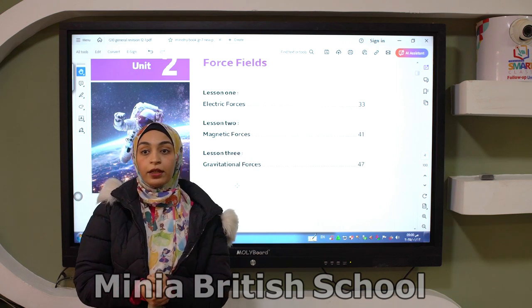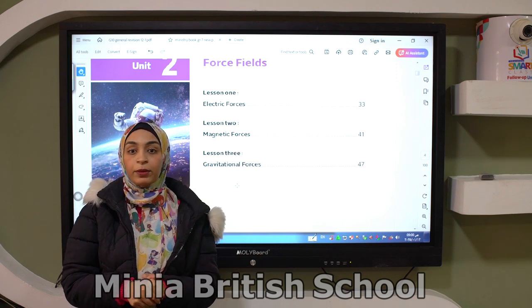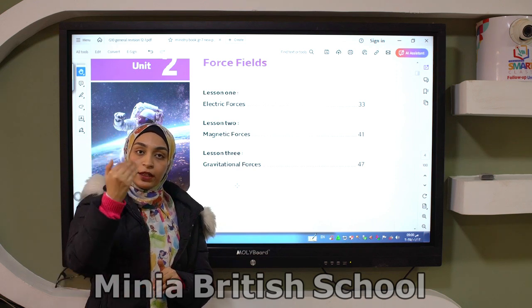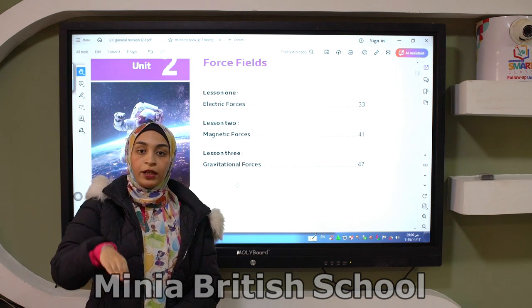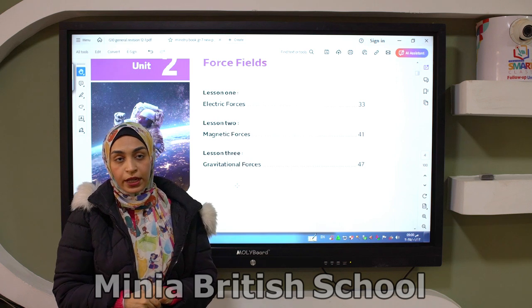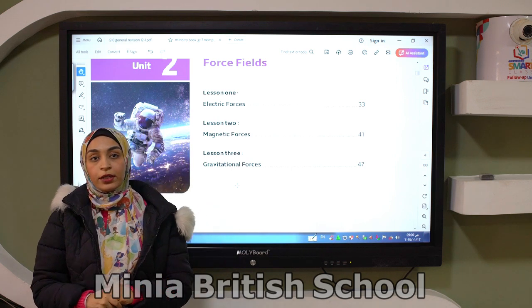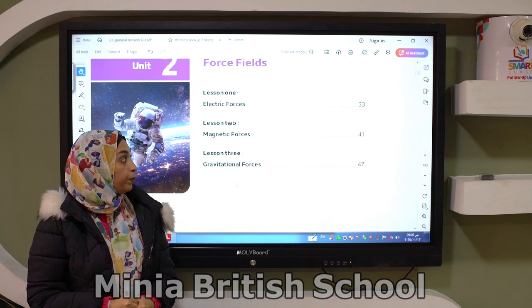And we defined the electrostatic series as the series in which the elements are arranged from the elements that gained electrons and have negative charge at the low end, and then end at the top of the series with the elements which lost electrons and have positive charge, starting with the glass and ending with the wood.